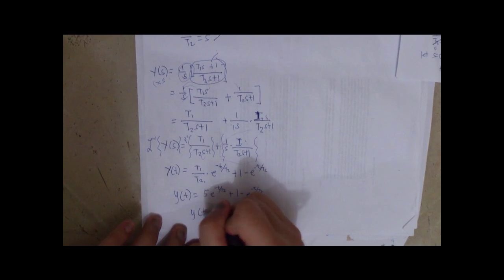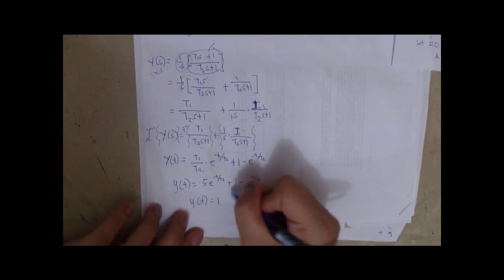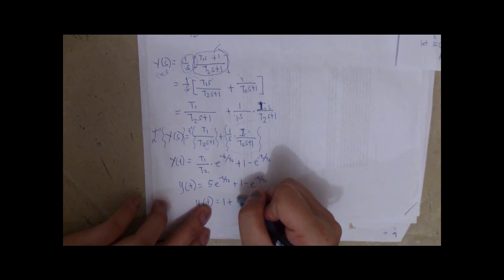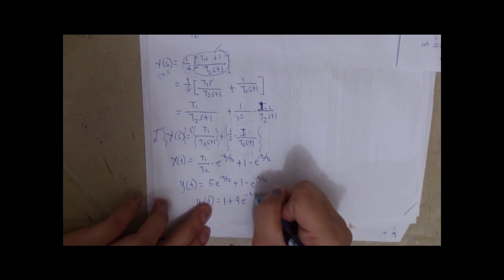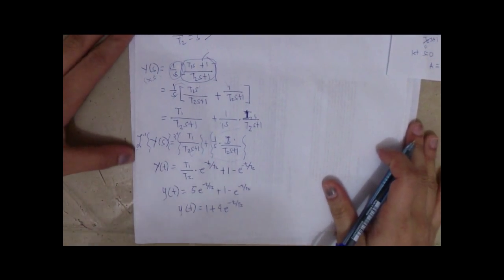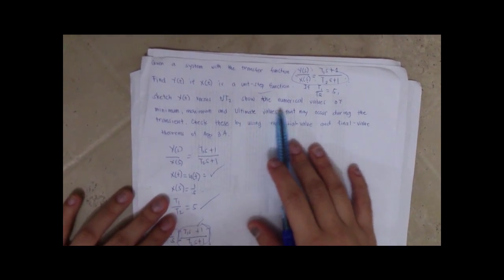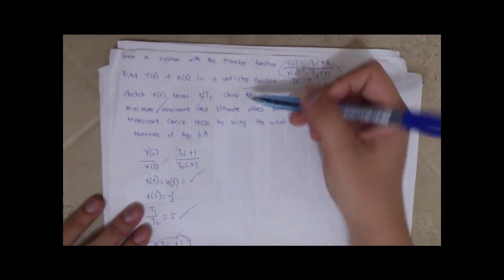So, naa tay 1 plus 4. 5 minus 1 is 4. So, 4e negative t2. So, since naa naman tayo equation, all we have to do is to graph this para makita nato ang gipangita niya nga minimum, maximum, and ultimate values.